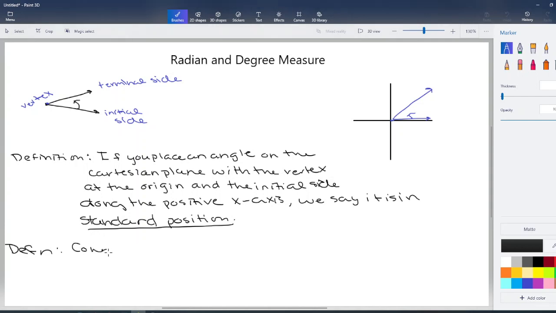So we say that counterclockwise rotation, which is what you see right here, generates a positive angle.